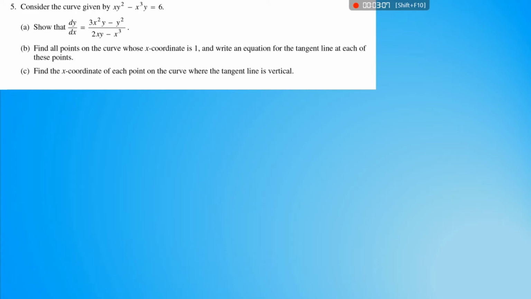So at x equals 1, y is, it's y squared minus y minus 6 is equal to 0. So that's y minus 3, y plus 2. So y is either 3 or minus 2.